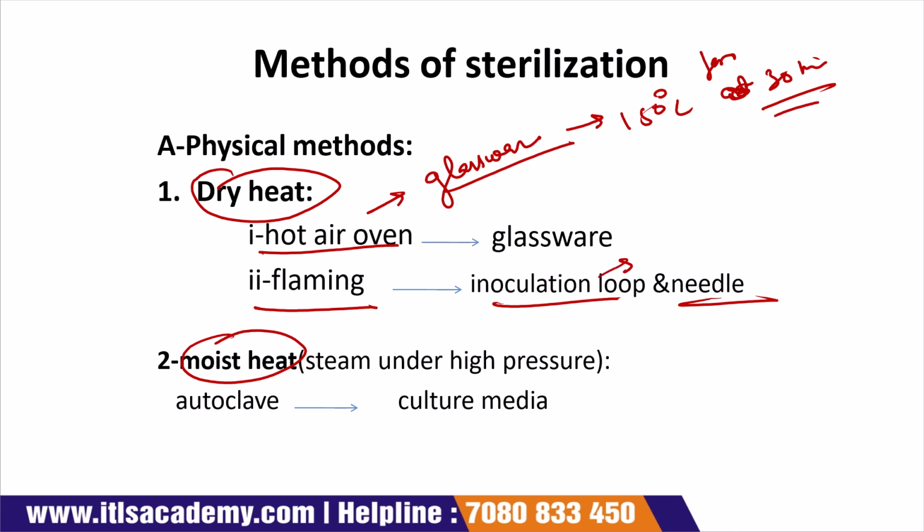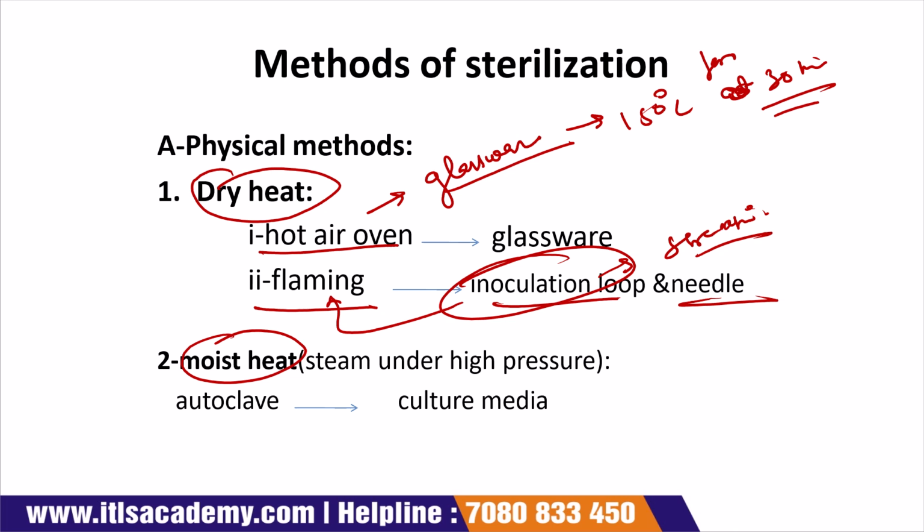When we have to perform a streaking, we need an inoculation loop, and this inoculation loop should be sterilized by using a flame. Okay, now when we sterilize the glassware with hot air oven or inoculation loop with flame, we use a dry heat.